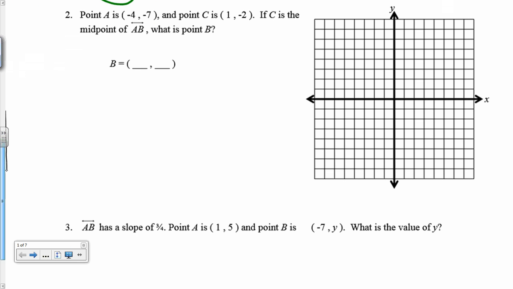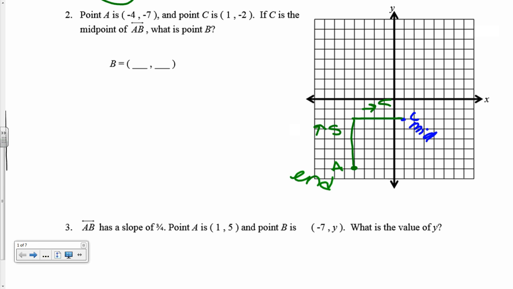Question 2. Point A is negative 4, negative 7. So here's point A. Point C is 1, negative 2. There's point C. C is my midpoint, so I know this here is mid. So I want to go from my endpoint A to my midpoint C. So I went up 5, and then over 5.